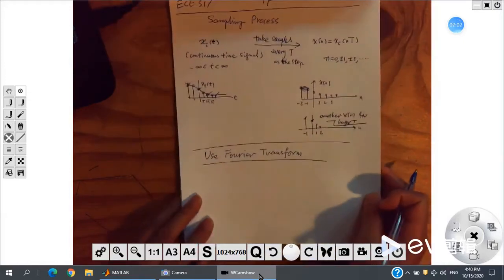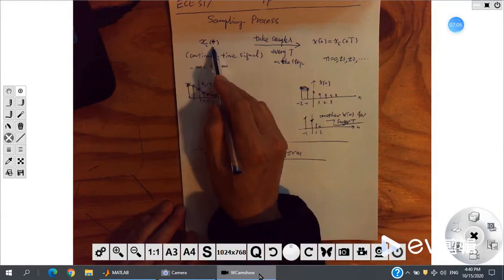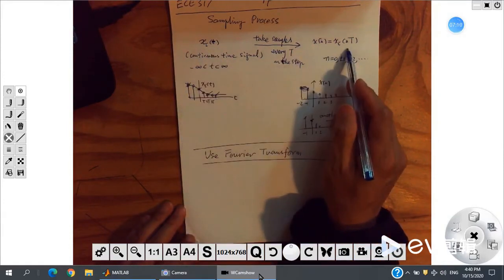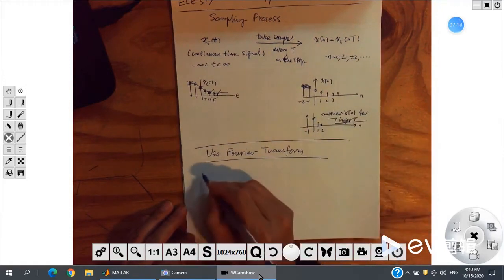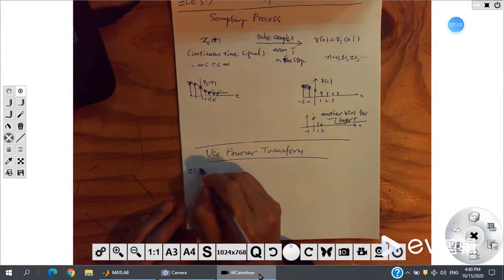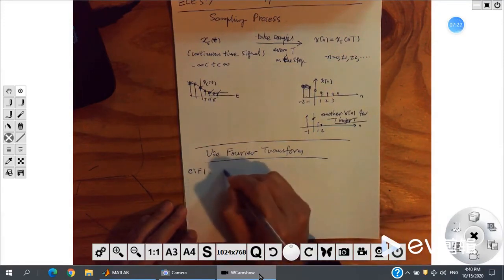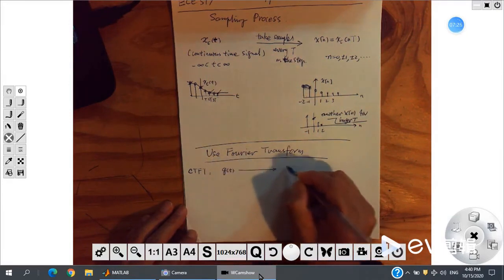The formula just looks like this. Of course we need to know the continuous time Fourier transform as well as the discrete time Fourier transform. So I list them here. The continuous time Fourier transform, CTFT. For signal g of t, it is defined as capital G of j capital omega.